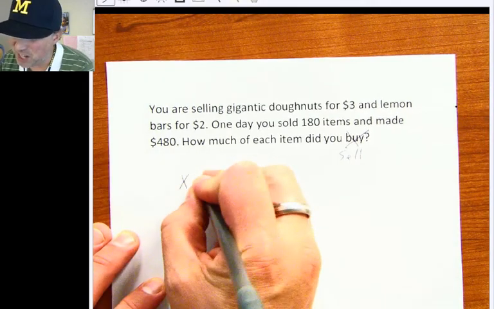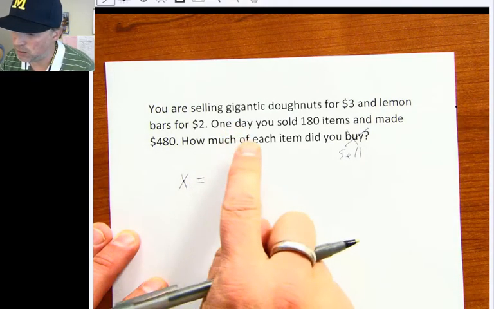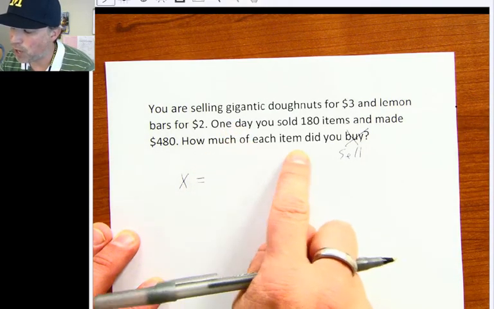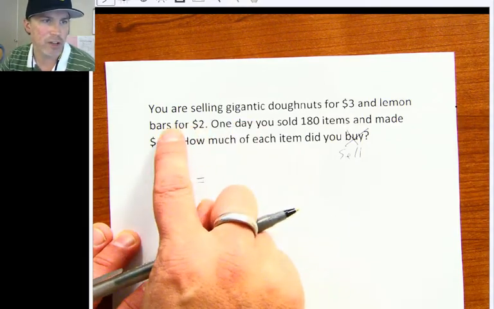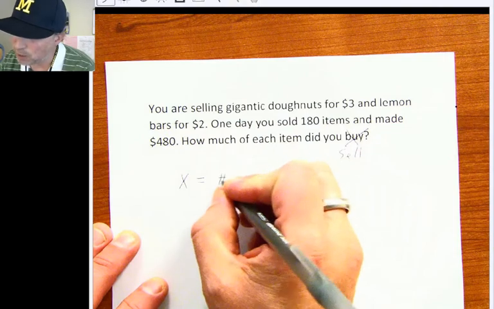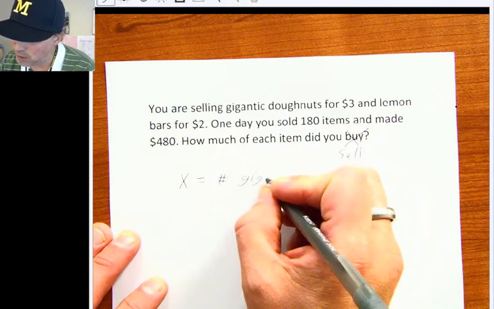All right, well, if we go back to our lesson from a couple days ago, first thing you need to do is you need to establish some variables. Let's see, we want how much of each item did you sell. So the 2 items are gigantic donuts and lemon bars. So I'm going to have X be the number of gigantic donuts.